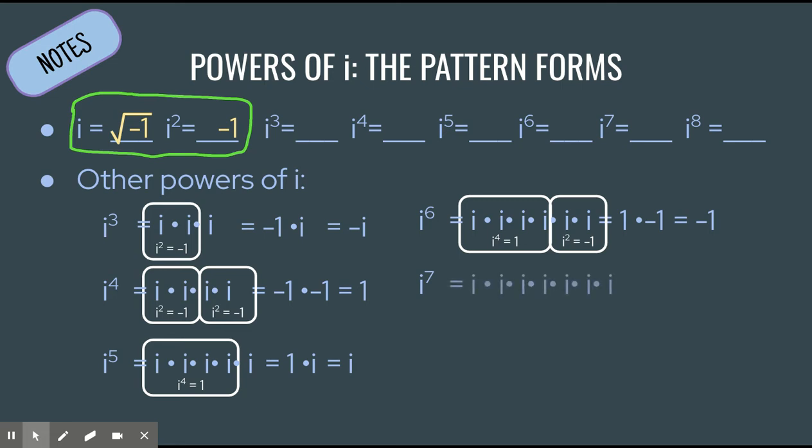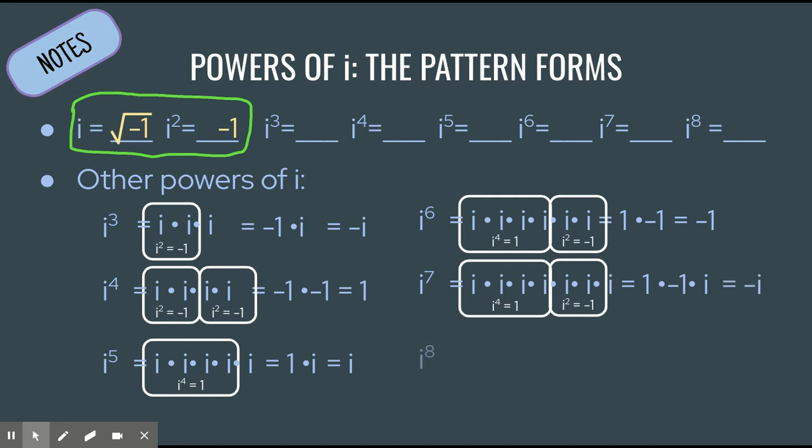i to the seventh is 7 of them. The first 4 make 1 because i to the fourth is 1. And then the next 2 can make -1, but there's still this odd one out now. So I have 1 times -1 times i, which is -i.